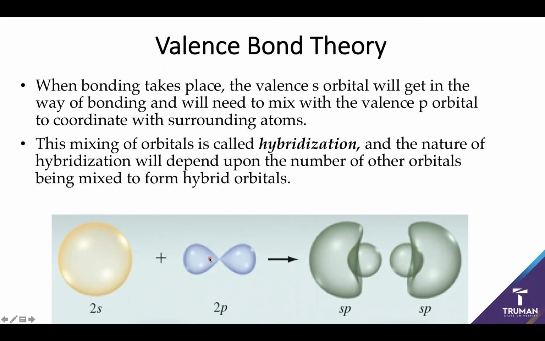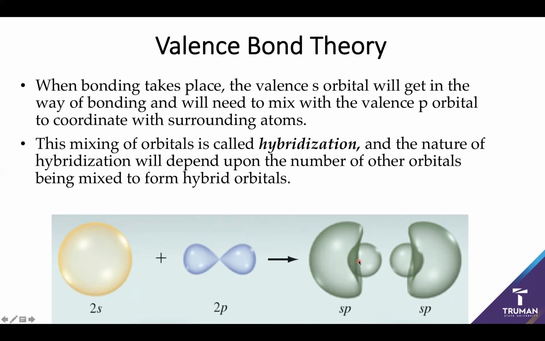When they do this, the p orbital starts getting some of the rounded characteristic that we had originally in our s orbital. It spreads out a little bit more, and the s orbital starts picking up some of the p characteristic. It now gains a node, and it is much more unidirectional.